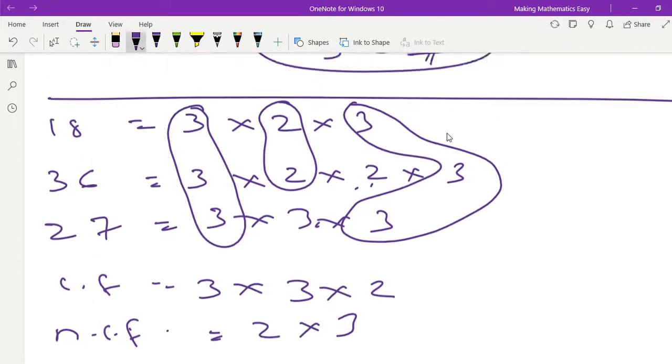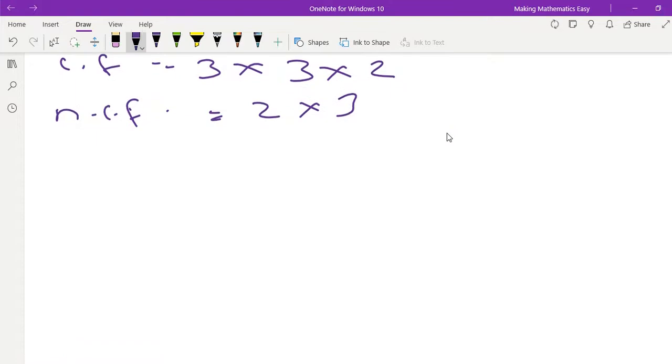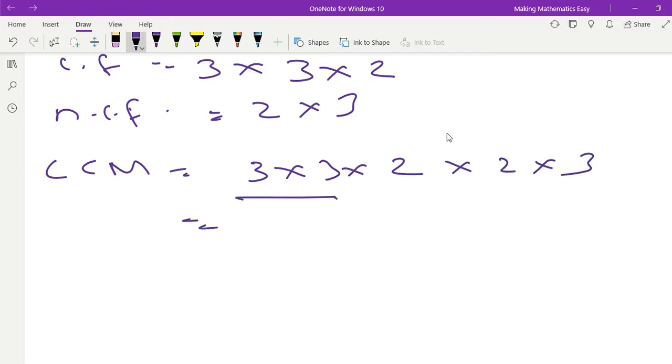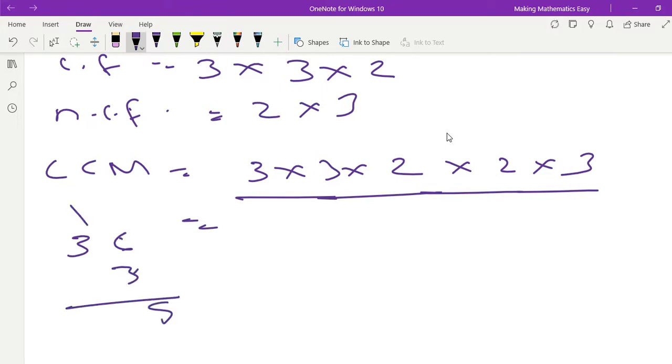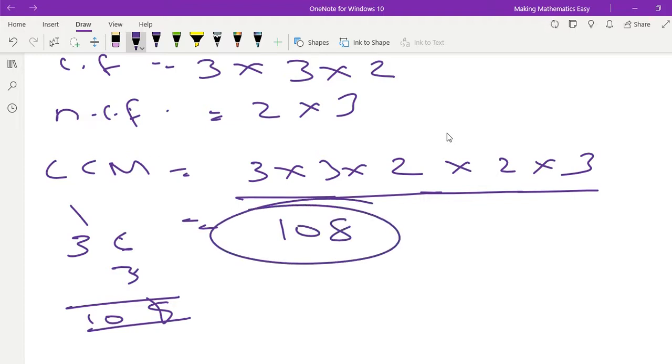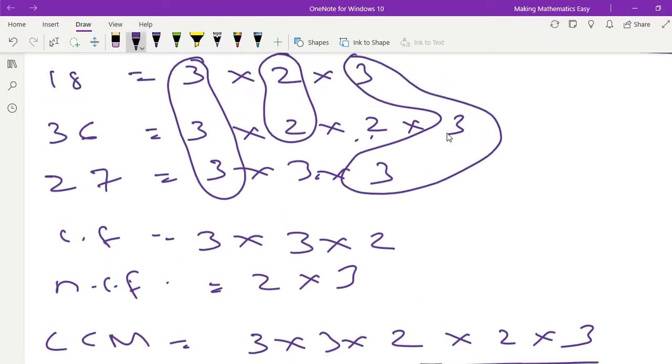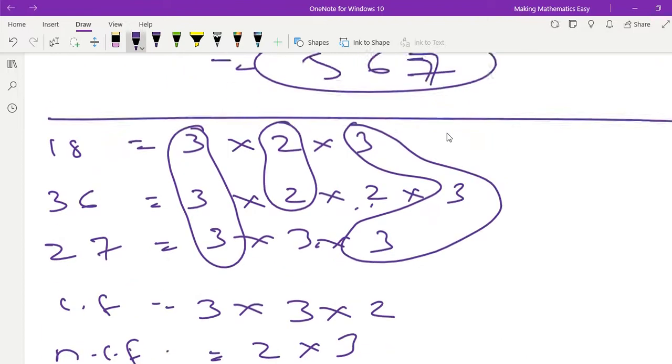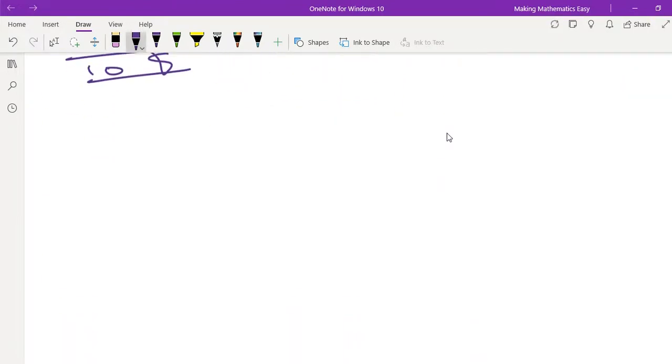So to find the LCM, we just simply need to multiply all these numbers, common and non-common factors, which is 3 into 3 into 2 into 2 into 3. 3 3s are 9, 9 2s are 18, 18 2s are 36, 36 into 3. So this is 108. So the LCM for 18, 36 and 27 is 108.